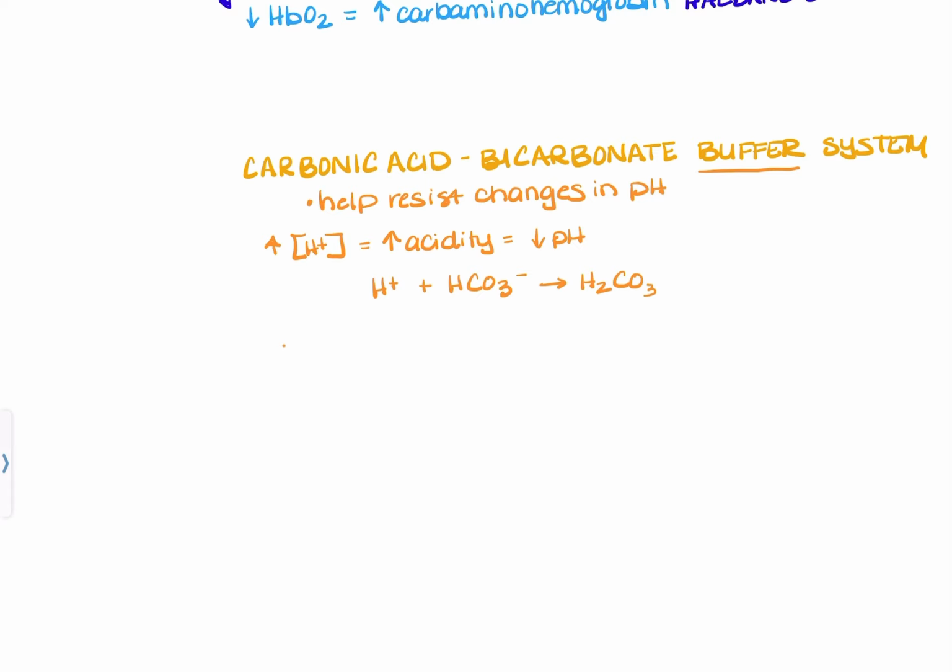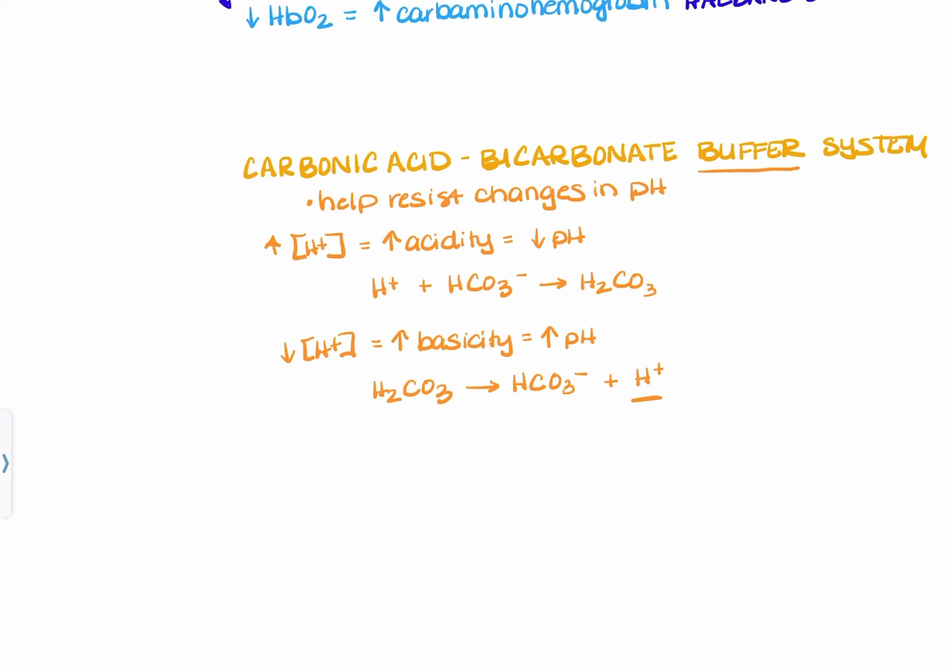In the event that we have too low a concentration of hydrogen ions, meaning we've increased the basicity and the pH, now we can disassociate our carbonic acid into our bicarbonate ion and deliver extra hydrogen ions so that we can increase our hydrogen ion concentration, lower the pH, and increase the acidity of it.